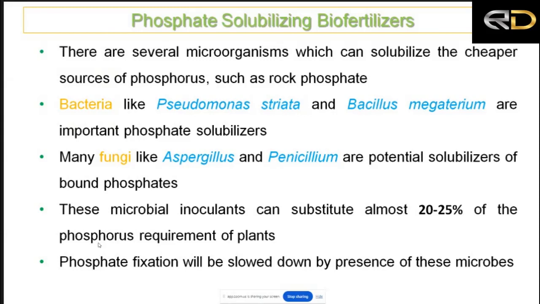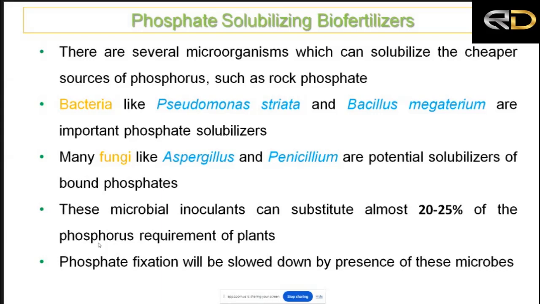The next one, which I have already talked about, is phosphate solubilizing biofertilizer. Why is it so important? Because phosphorus is not soluble, or it is fixed by the rock minerals. So breaking down that bond is quite important. Even if we apply SSP, DSP, triple superphosphate, those things will not be able to provide phosphorus.